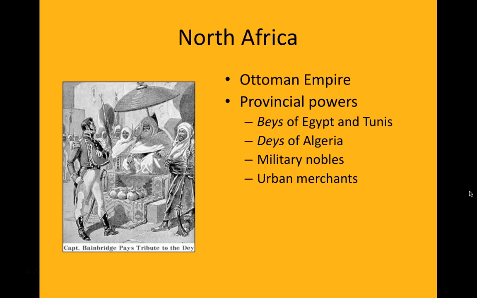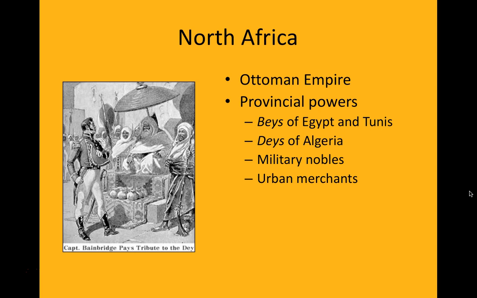U.S. merchant ships, and this is just a few years into the creation of the United States, going into the Mediterranean tended to be waylaid by these pirates coming from the North African coast, again, supported by the beys and deys, the provincial governors of the Ottoman Empire.